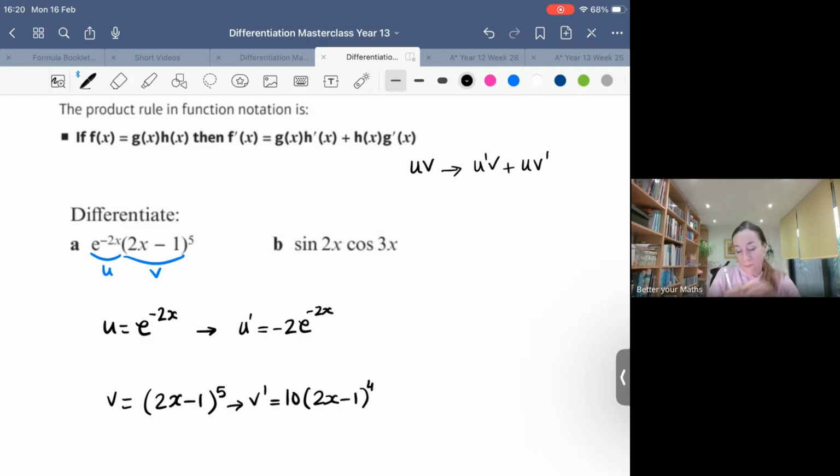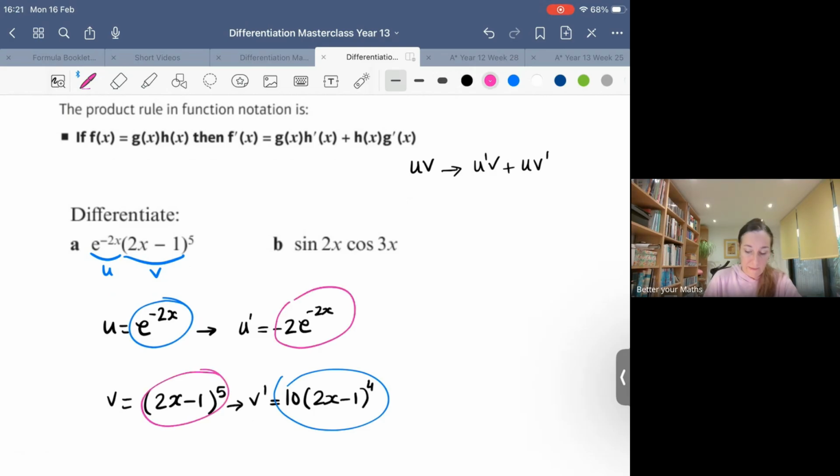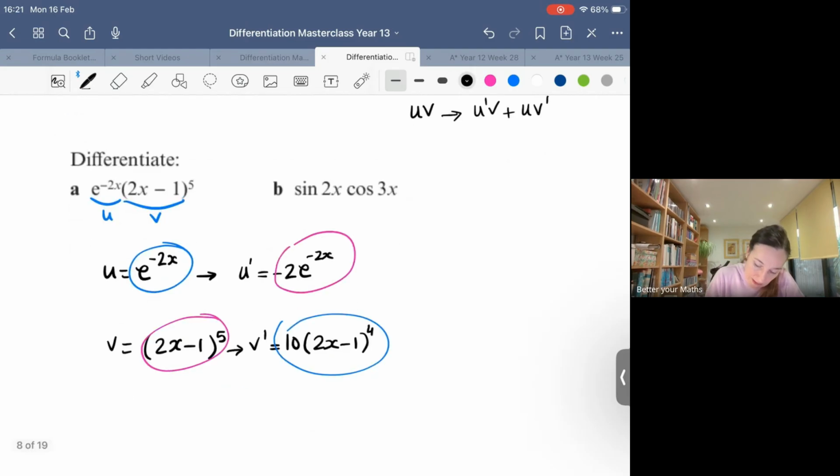And then when I put them together, I'm going to multiply this u by v prime, and then this u prime by v, and I add them together. So my derivative is going to be 10e to the minus 2x multiplied by 2x minus 1 to the power of 4.